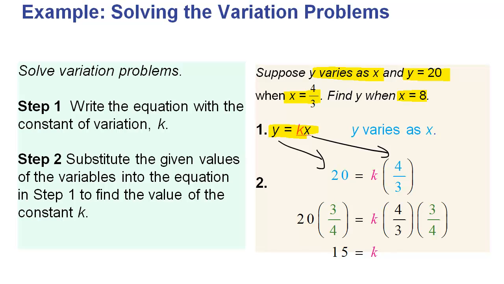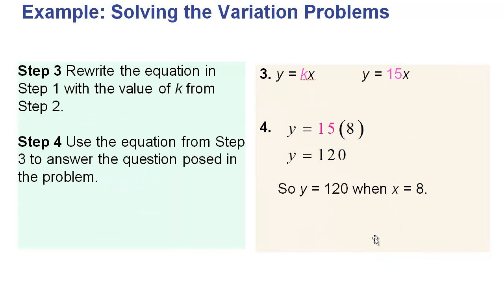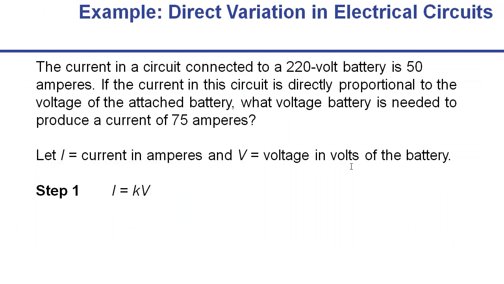So you multiply both sides by 3/4, and you get k equals 15. Now you can plug that back in and x equals 8. Right, so you've plugged in k equals 15, x equals 8, and you find that y equals 120. So now we know y equals 120 when x equals 8. It's that simple.